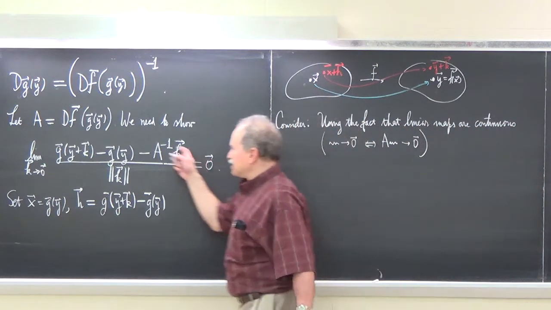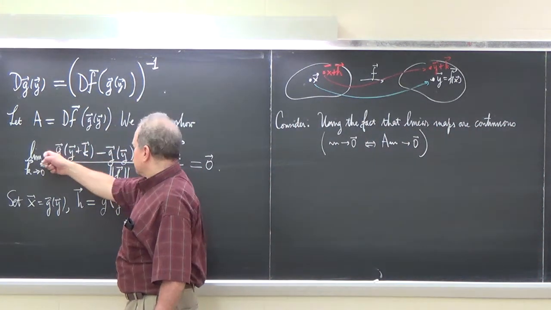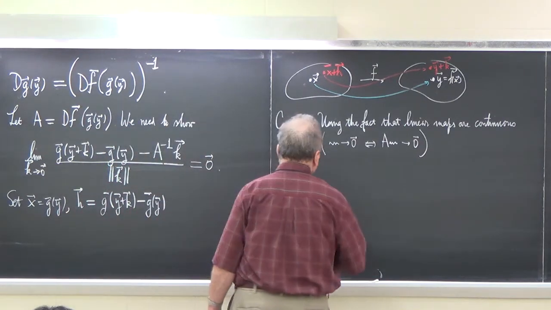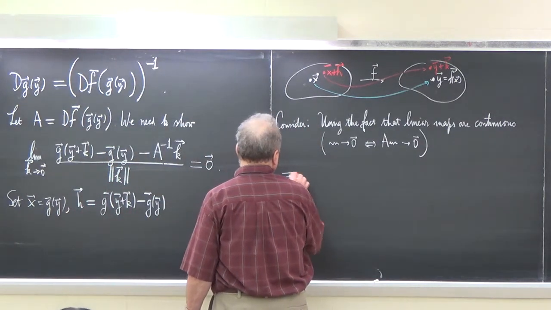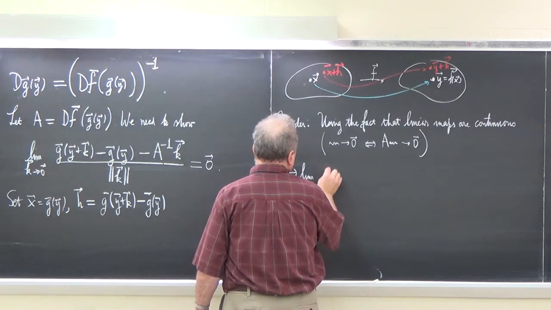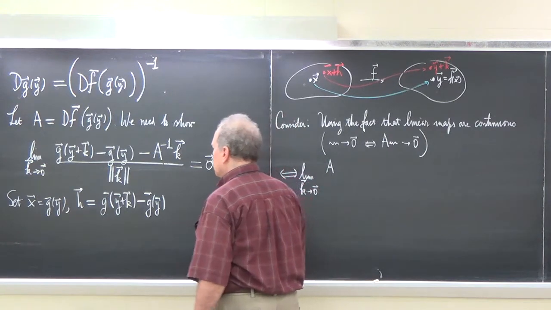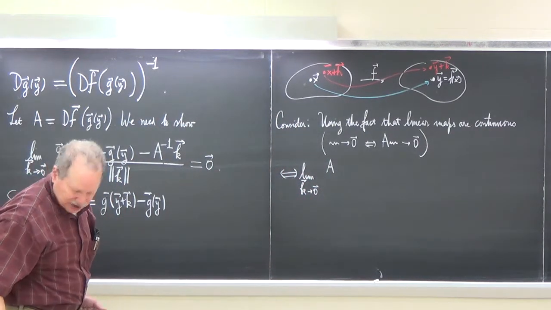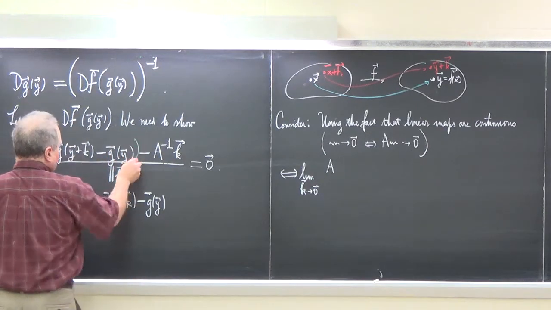I'm going to just take a times the numerator. I'm going to take this whole vector in the numerator and a it. So I'm going to have a. Now what's g of y plus k minus g of y here?